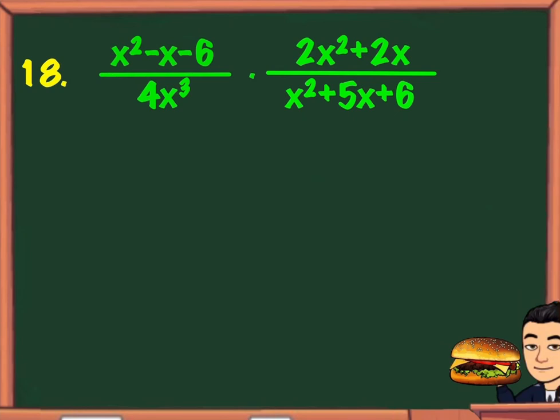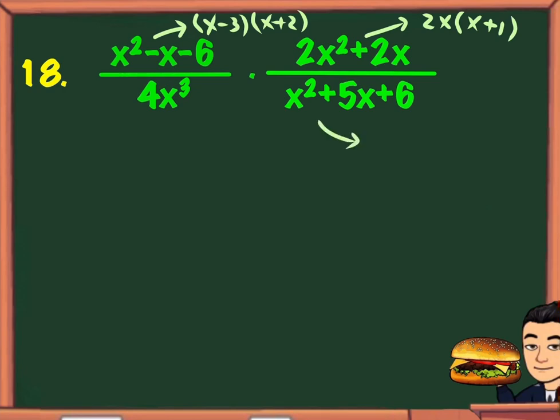For number 18, I'm going to factor this to x minus 3 times x plus 2. For this one, I'm going to factor out the 2x, so it'll be 2x multiplied by x plus 1. For this one, I can now factor to x plus 3 times x plus 2. Okay, let's start canceling the common factors.